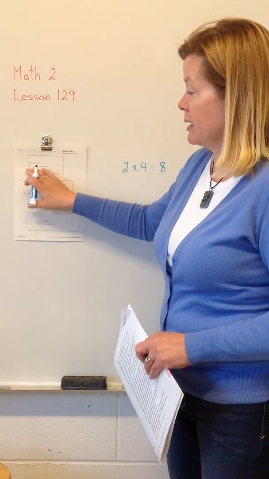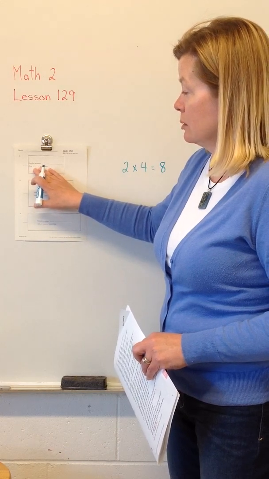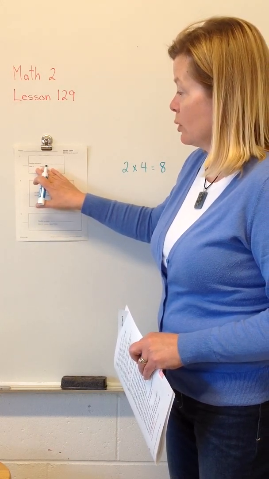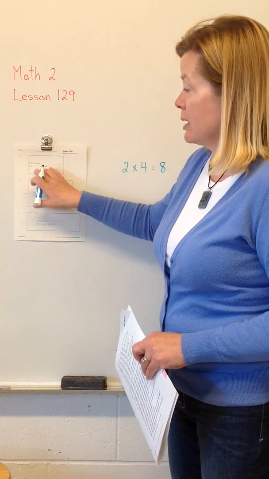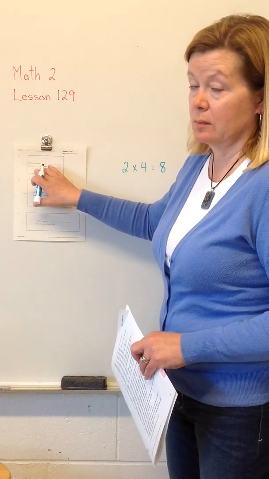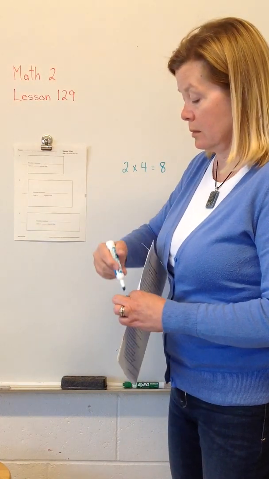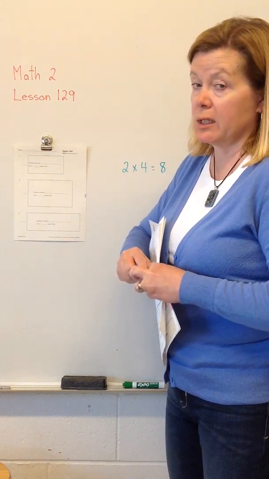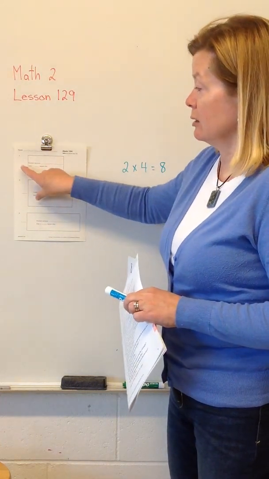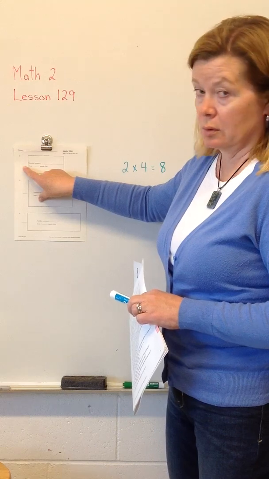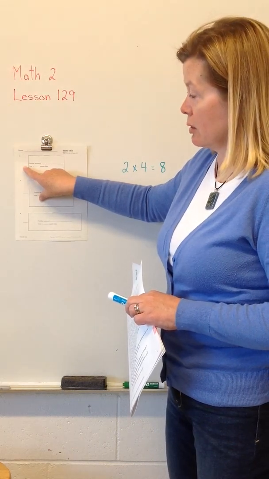Then we have a line that says area equals so many square tiles. You're going to write the number 8 in that space. So let's go over what it is that you need to have for this rectangle. Remember, you have a 2 on the left-hand side to show how many rows there are.